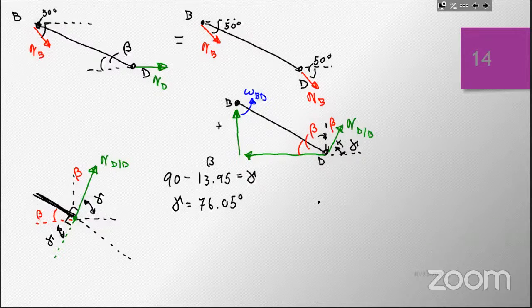So if I want to go from D to point B, I've got to go negative 8 cosine of 13.95 in the x direction. And then once I'm at that point, I go 8 times sine 13.95 in the j.